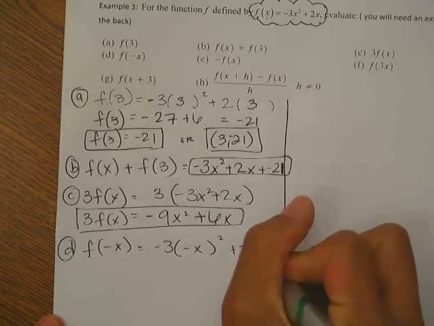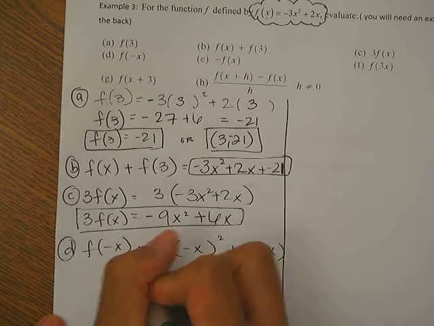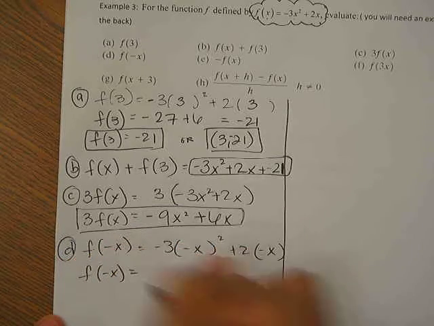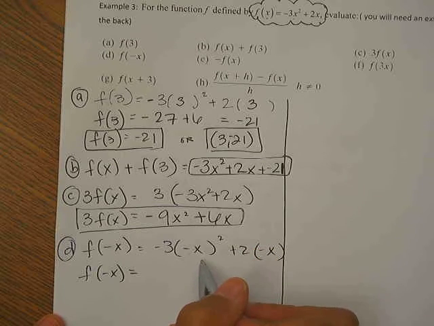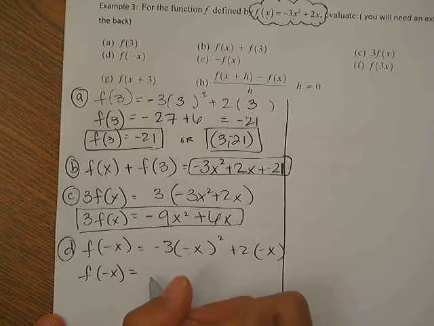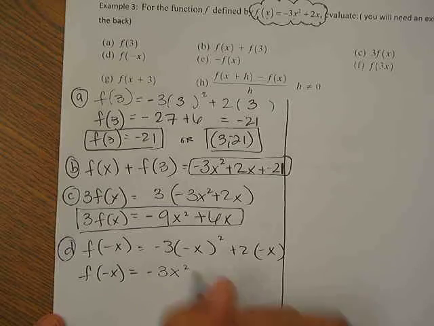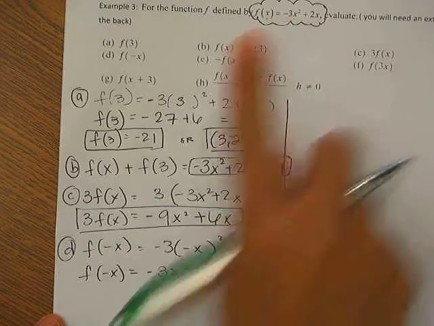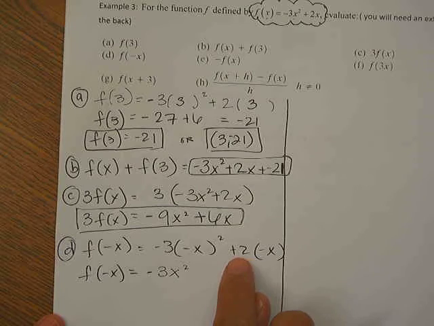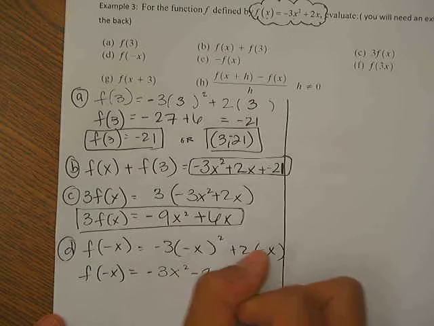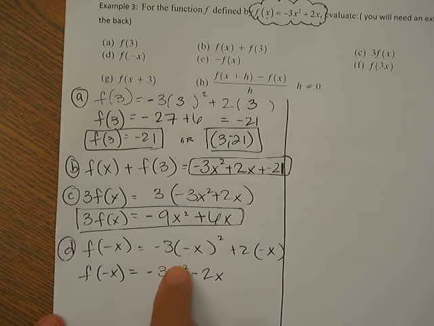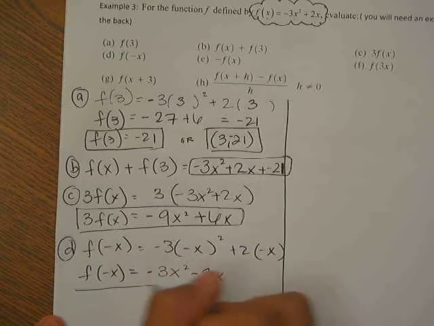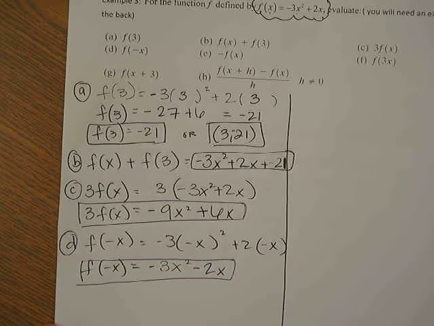So negative x goes here, negative x goes here. So this will leave me with f of negative x equals negative x squared, which is going to become positive. So positive x squared times negative 3 is going to be negative 3x squared. So that and that did not change. Let's see if this is going to change. 2 times negative x is going to be a negative 2x. So when I substitute with negative x, the only thing that changes is this back piece, because everything's squared, negative or positive, it will always be positive.